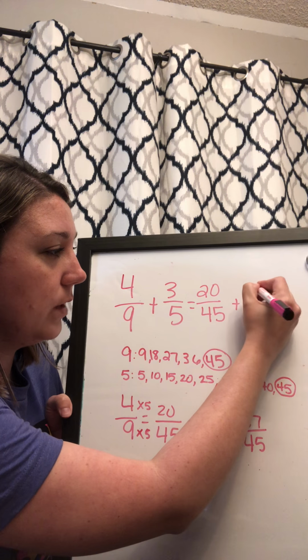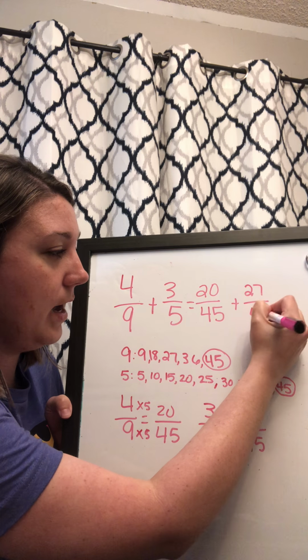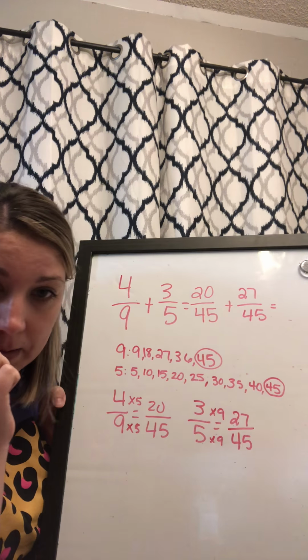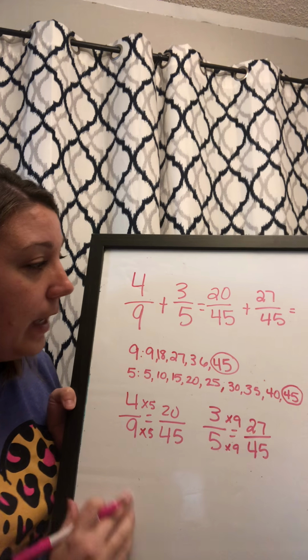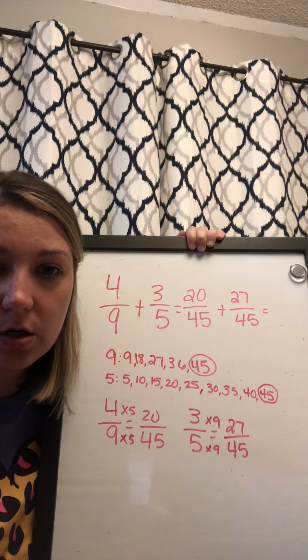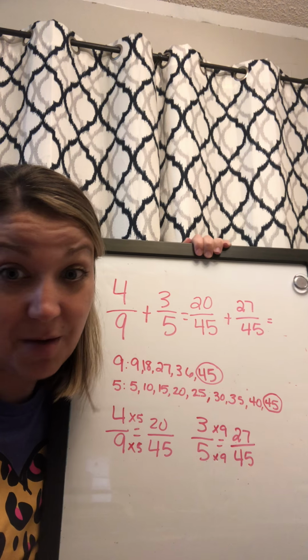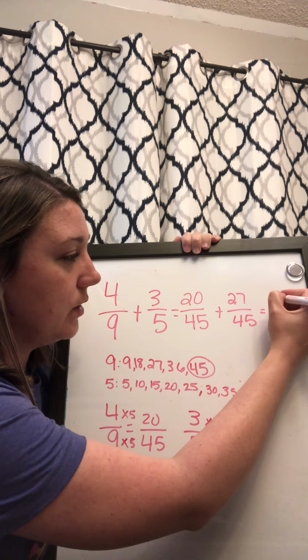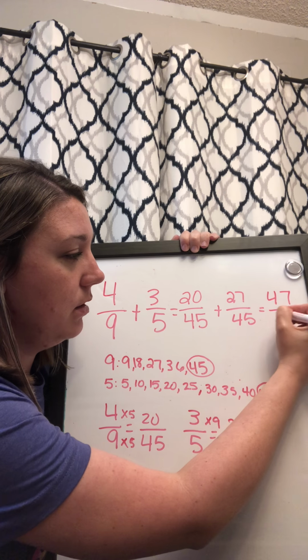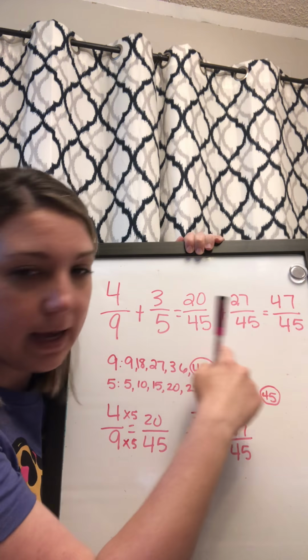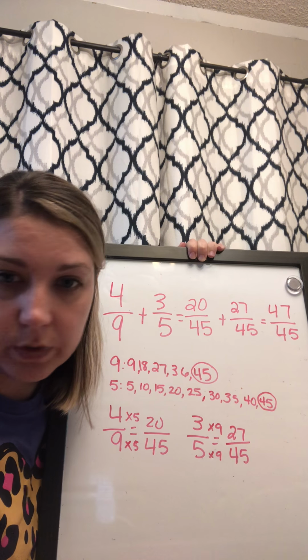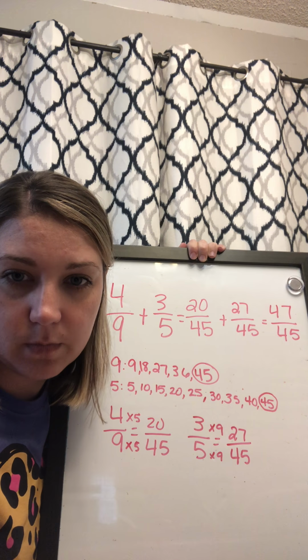So now you have 27 over 45, right? And now you can just add straight across because you have common denominators. So 20 plus 27 is 47. We do not add our denominators. We keep the denominator the same.